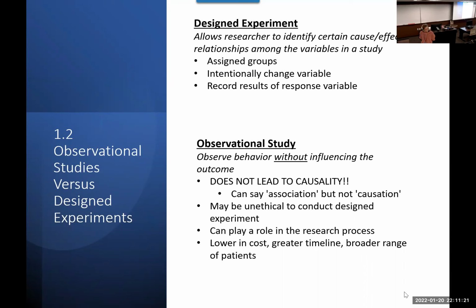It would be unethical to do something like that to cause harm to humans. So you can see the reason why we would do an observational study and then figure out how to do the designed experiment in an ethical way. There's a paper that I handed out on the back if you want to grab it.